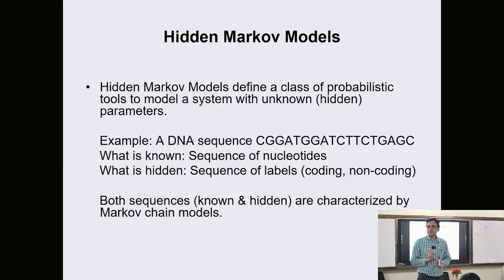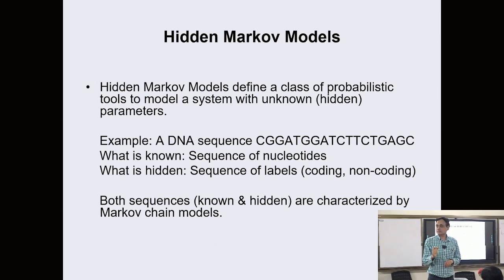To address that problem, people started thinking about new models, and one of the models, again based on Markov chain model, is called hidden Markov model. Hidden Markov model can consider the entirety of the information within a given sequence for predicting a nucleotide to be protein coding or non-coding, which means that the resolution is at the single nucleotide level. No window, entire sequence information, and you predict based on this entire information.